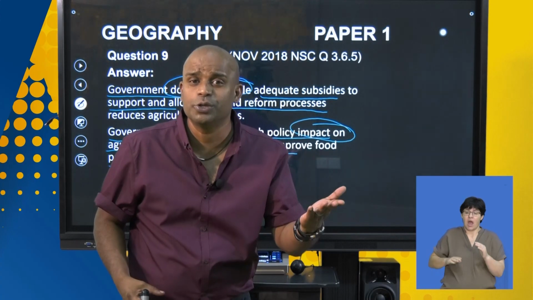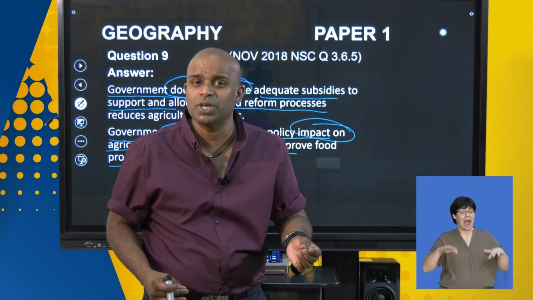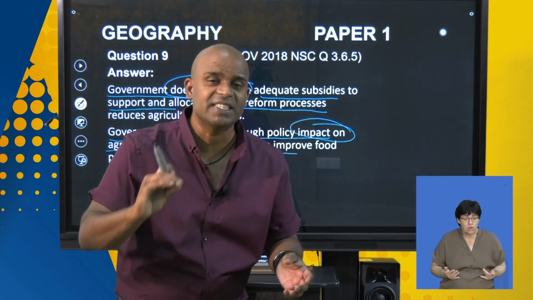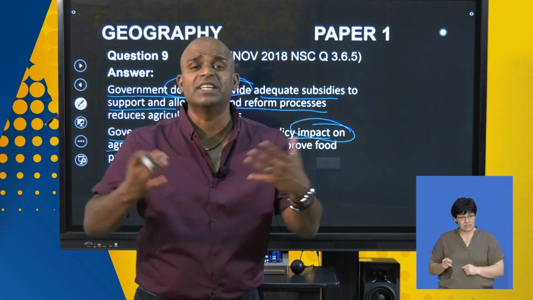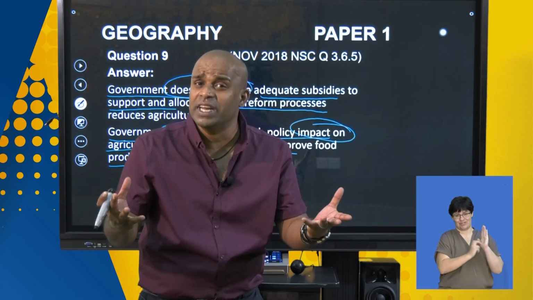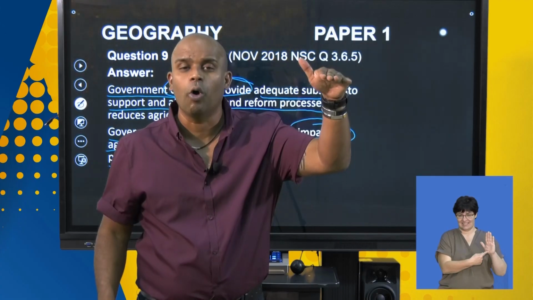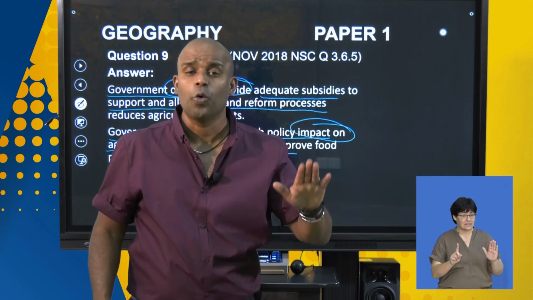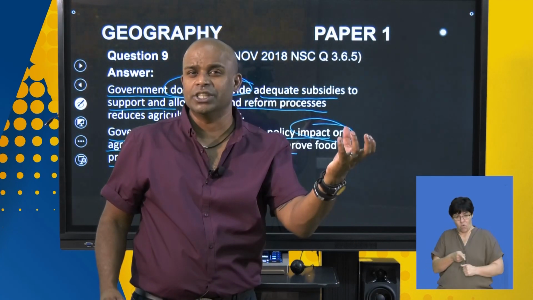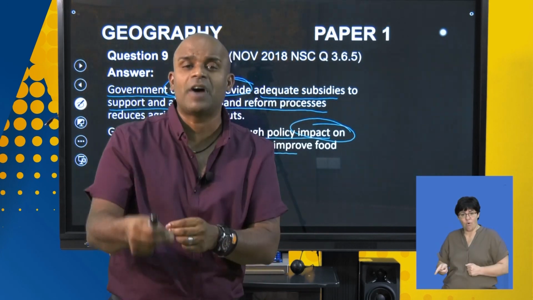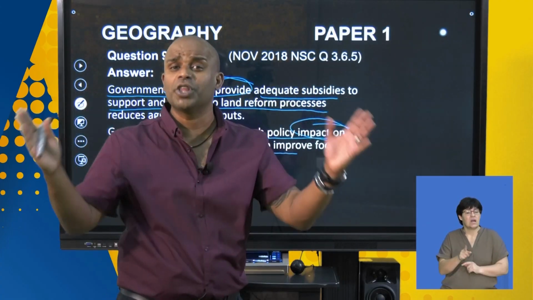And how can they do that? By investing in communities. How? Yes, guys, when you invest in communities, it's about government regulations. And government regulations deals with policy. So we want more government subsidies. We want more regulations. But those regulations must be designed to enable farmers to produce food for the growing country.